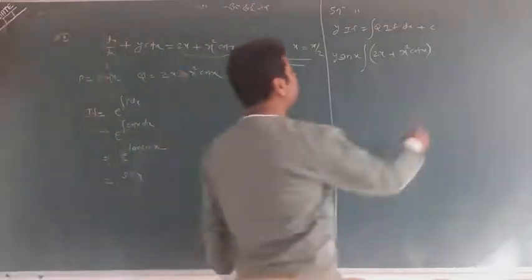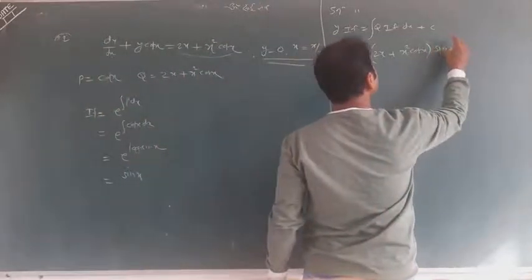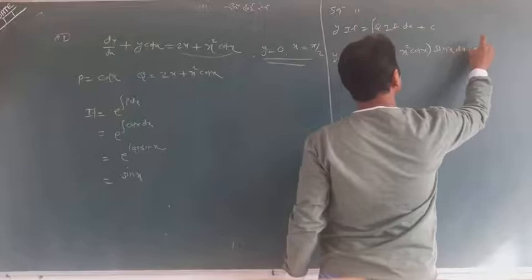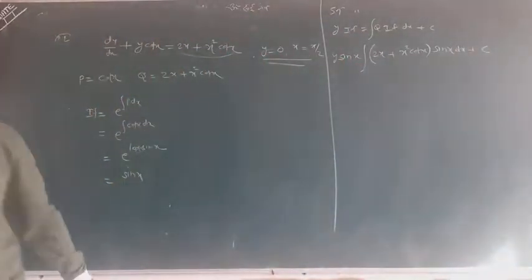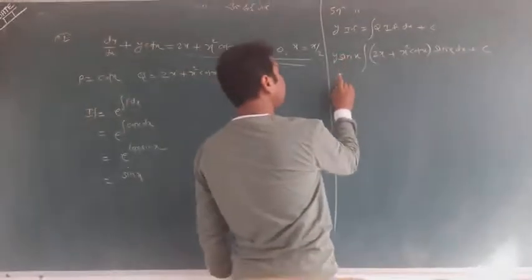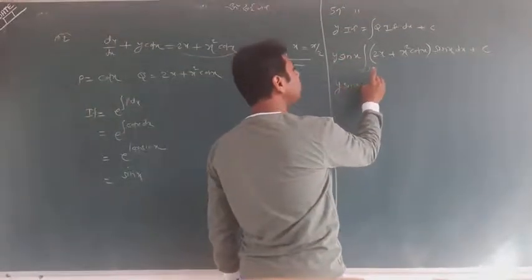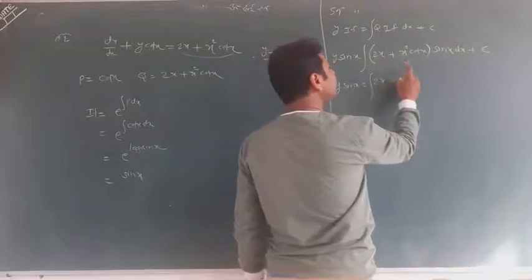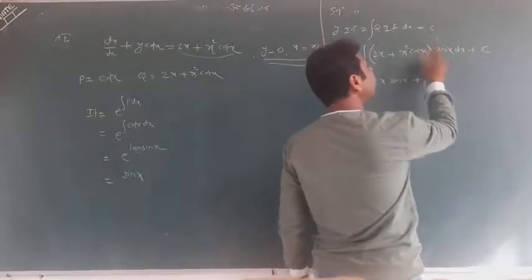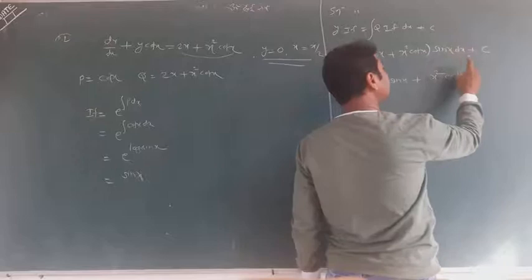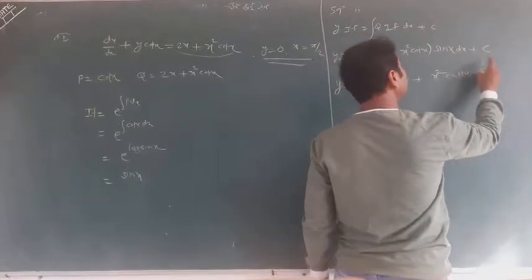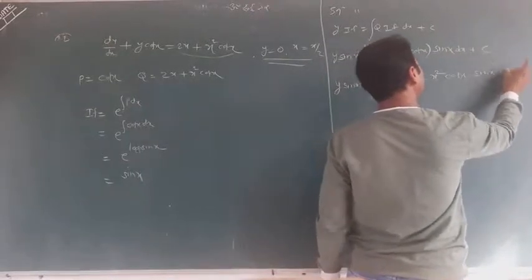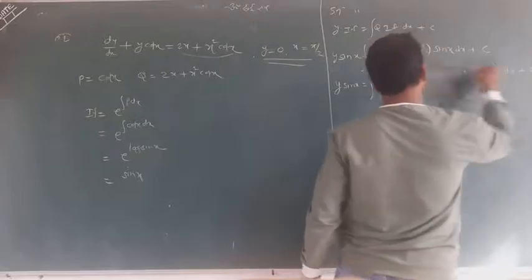And here IF meaning sin x dx plus c. Now I will find the further values. Look at y sin x is equal to, I will multiply, 2x sin x plus x square cot x sin x dx plus c.